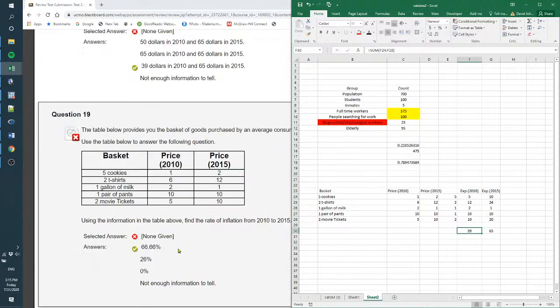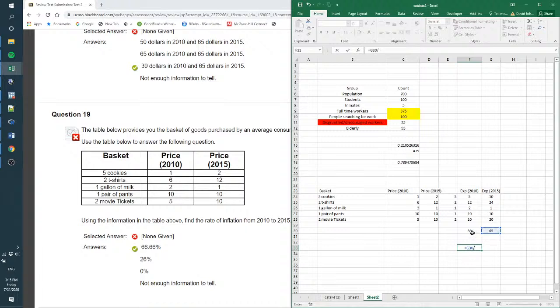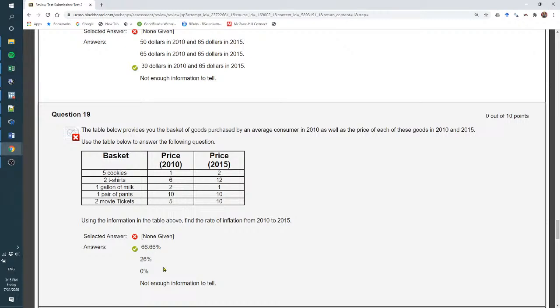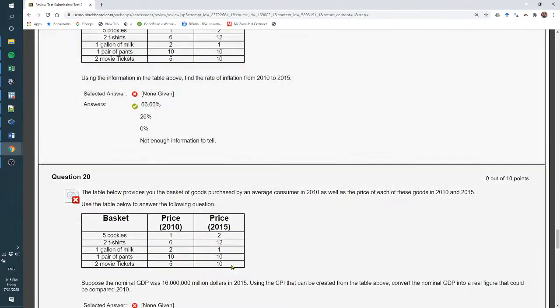All right, so now we can use this to figure out our inflation rate. All we have to do is do 65 divided by 39. And that gives us 1.66, meaning that we have about 66.666666% inflation. So the correct answer there is A.